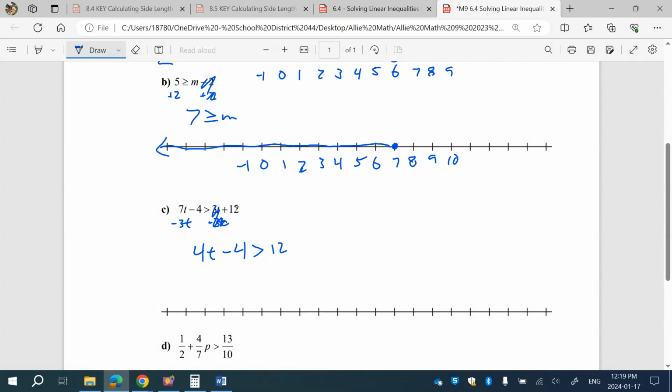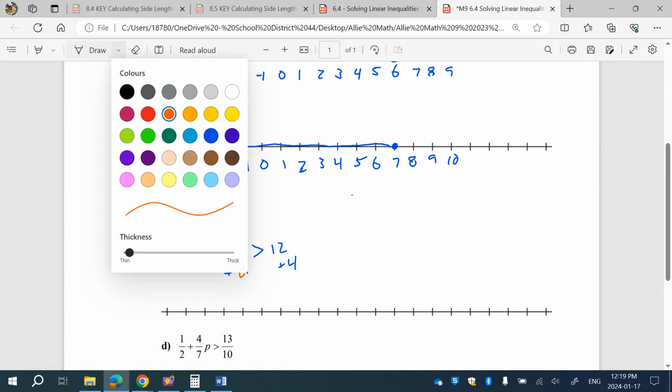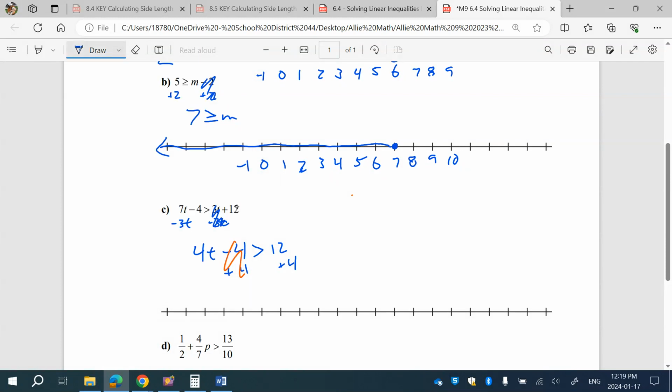Now let's add 4 to each side. That's going to zero that out. And we are left with 4t is greater than 12 plus 4 is 16. Now let's divide by 4 on each side. And we're left with t is greater than 4.